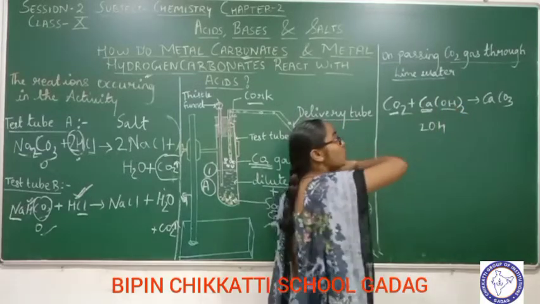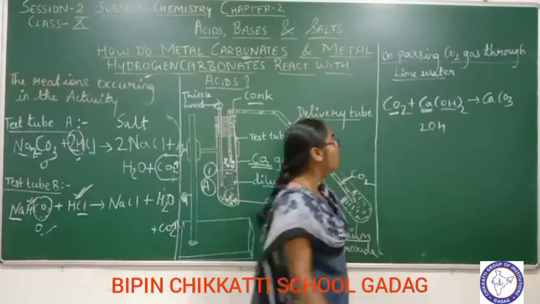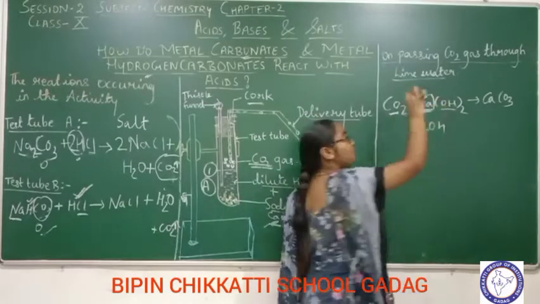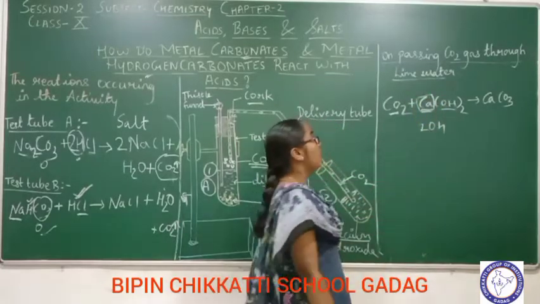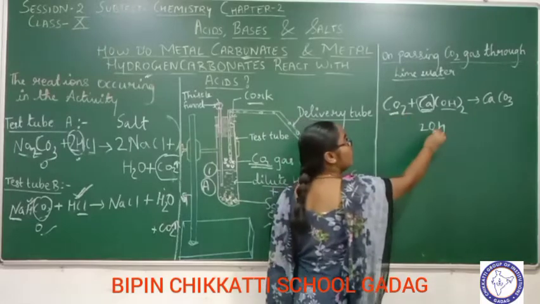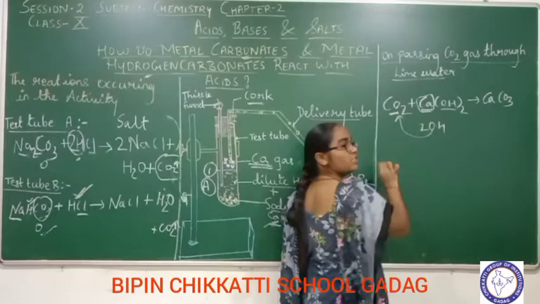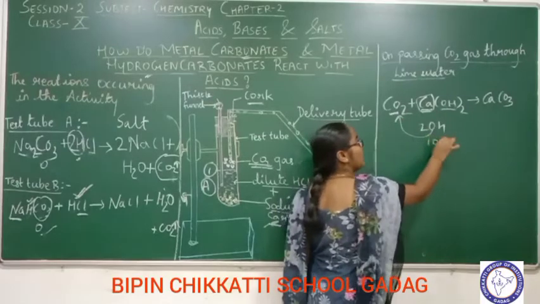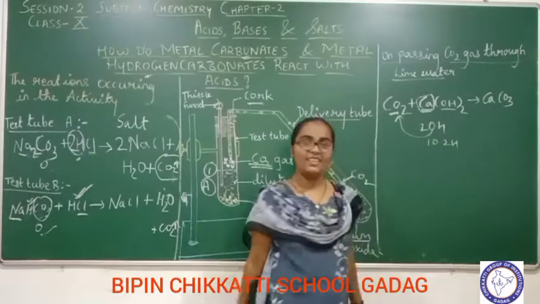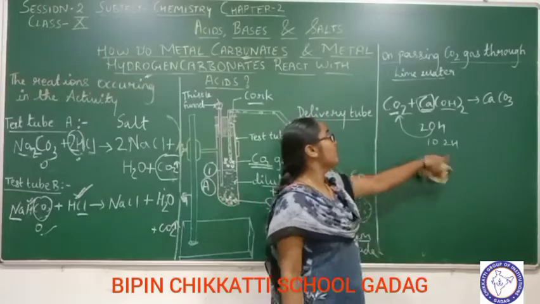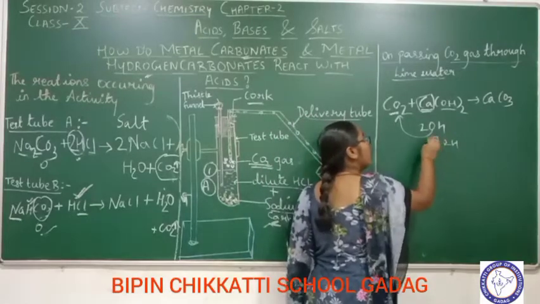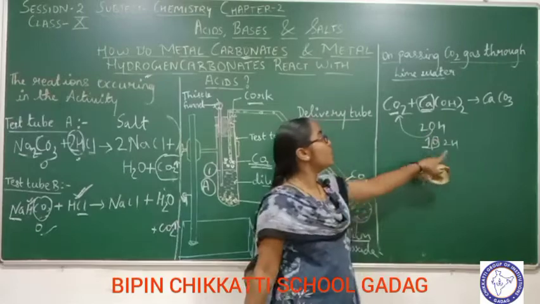So how will calcium carbonate form? This calcium will react with this carbon dioxide and one more oxygen from here. One oxygen will go over there. Then how much is remaining? 1 oxygen and 2 hydrogen. So what does 1 oxygen and 2 hydrogen remaining mean?